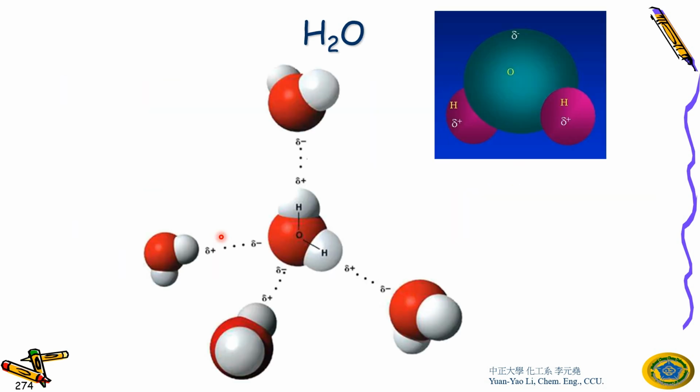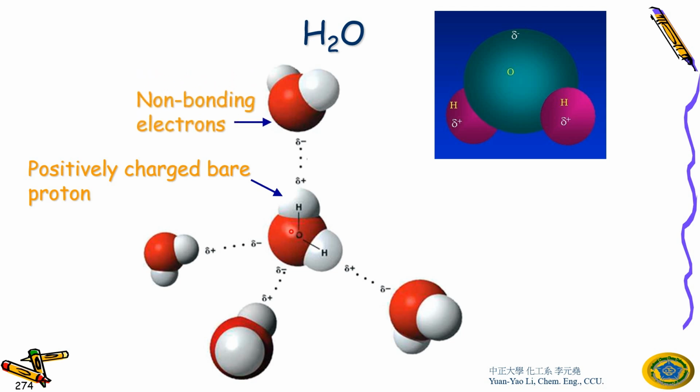So here is the case of water. H2O has a positively charged bare proton here, because it is hydrogen and oxygen, and oxygen has a very strong electronegativity value.